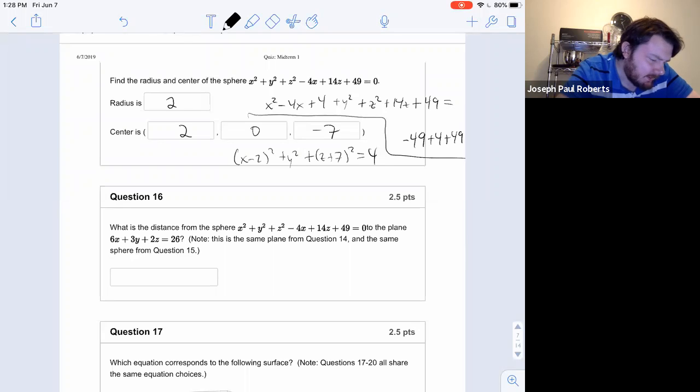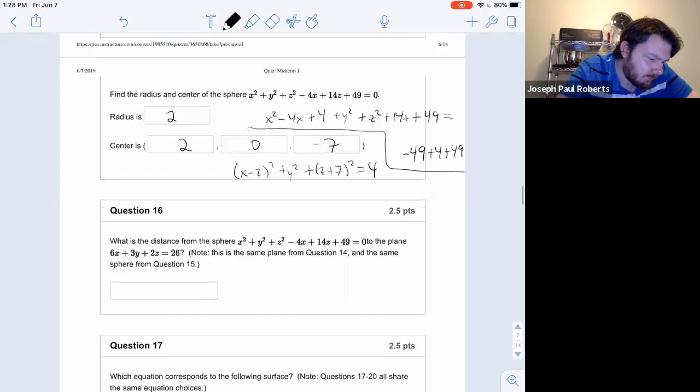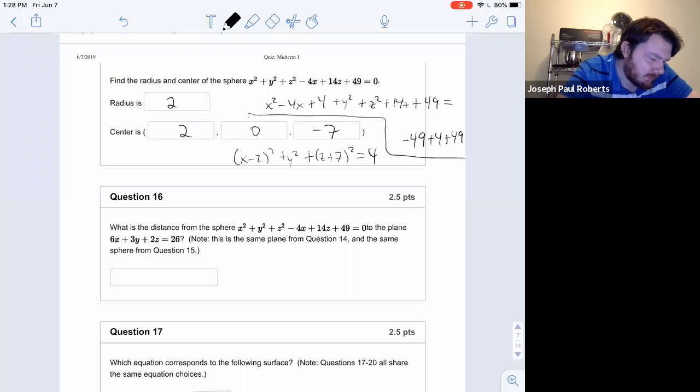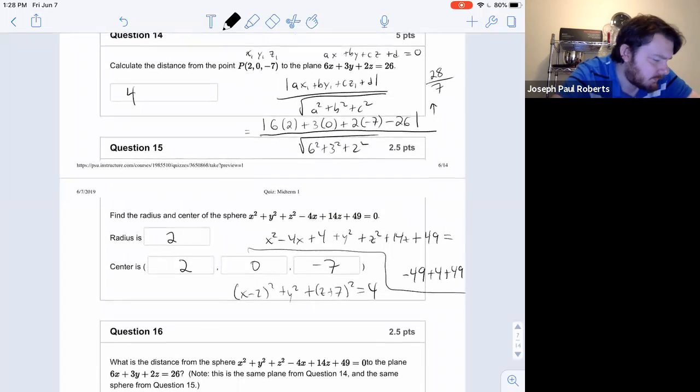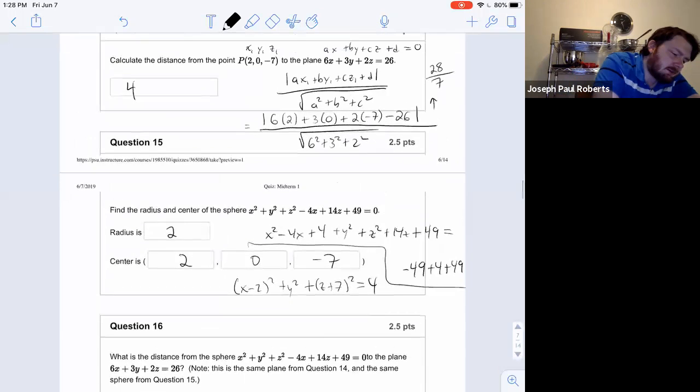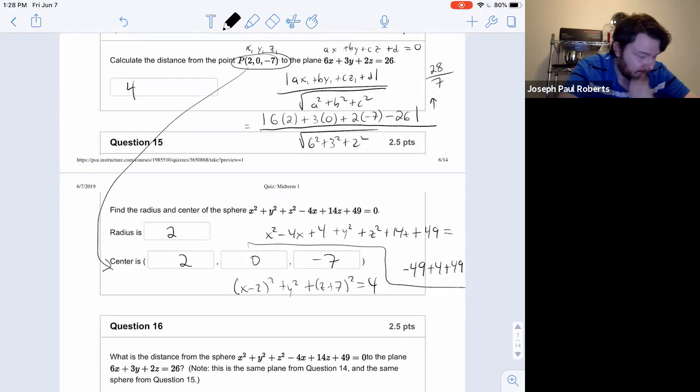It says we have this hint going on that this is the same plane from question 14 and the same sphere from question 15. So, okay. And we look around. Question 14 was (2, 0, -7) to this plane. Notice that that's actually the center of the sphere in question 15.